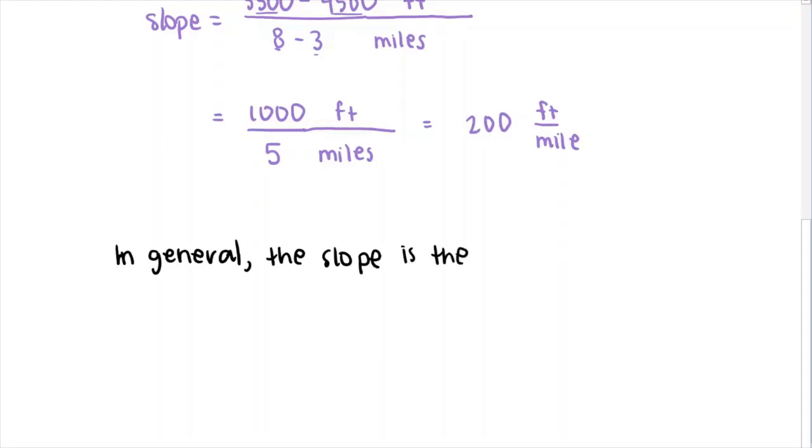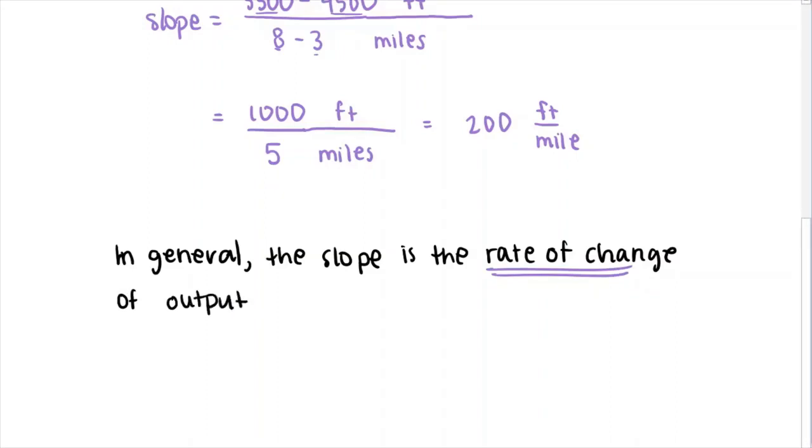It's the rate of change. And maybe just say a little bit more, it's telling us how much output there is per one input, per input. It's telling us how much change in our output values there is per input value.